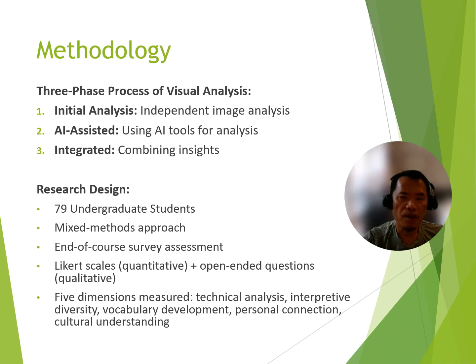This mixed method study involved 79 undergraduate students over 2 semesters using a 3-phase protocol. Phase 1, students analyzed personally meaningful images using traditional methods. Phase 2, AI assistance was introduced to explore how images function as sources of pleasure and sites of ideological contestation.